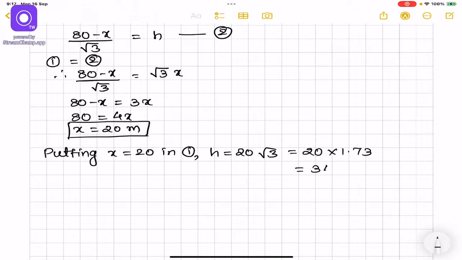So that will come as 34.6 meter. So this is the way how you have to solve this type of questions, and you can easily get the answers using these techniques. So this way I got both the values.